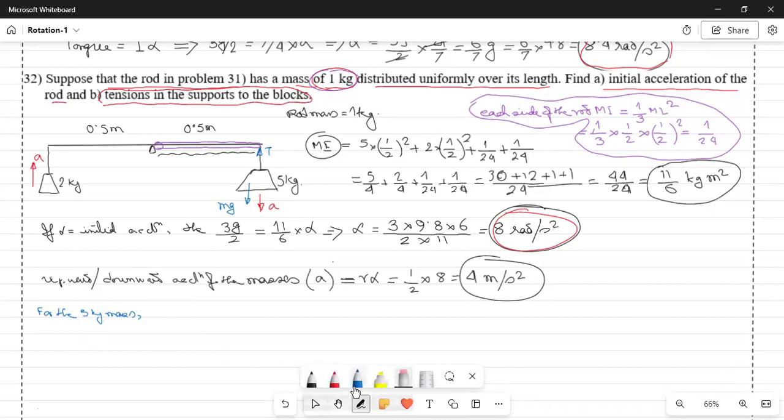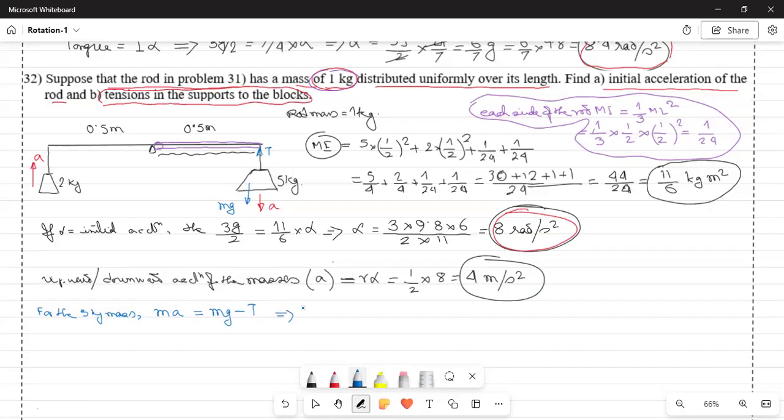Considering the free body diagram of the 5 kg mass, ma is equal to mg minus tension. Because mg is working downward and there is a tension upward, the difference of these two creates the downward acceleration ma.